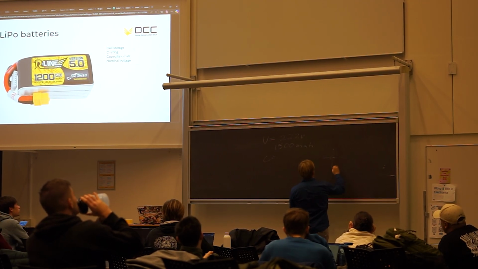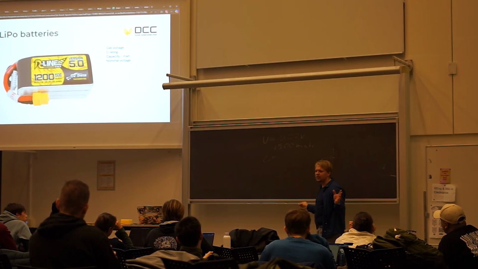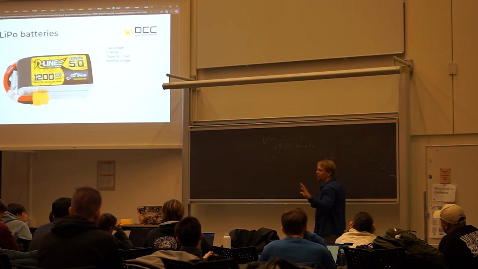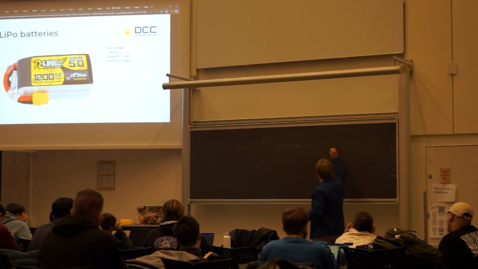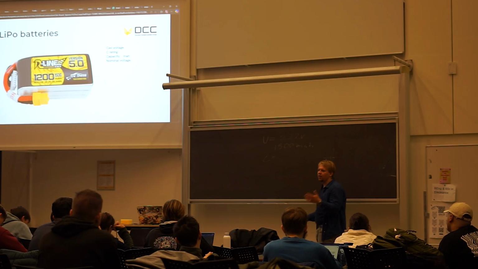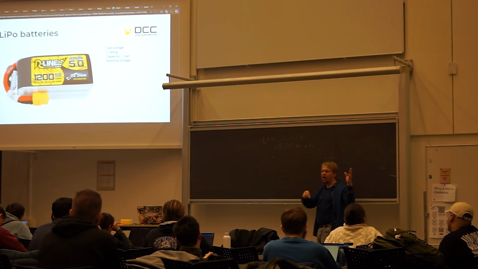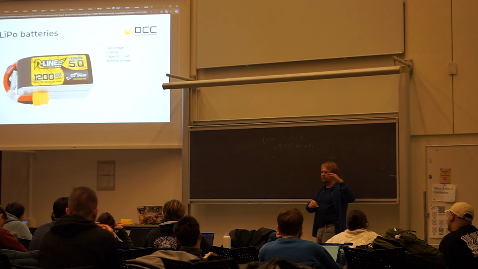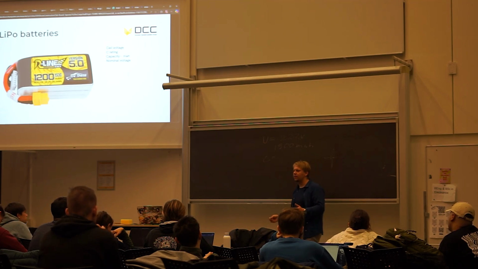It's a lithium-based cell, so the voltage range that you're looking at, if it's charged, is higher. If it's discharged, it's lower. Depending on the chemistry and the cell, it will change how the voltage varies, depending on how much energy you have taken out of the cell already.